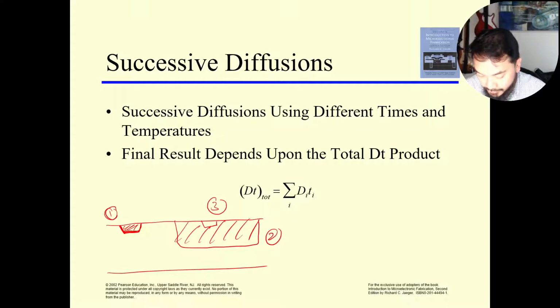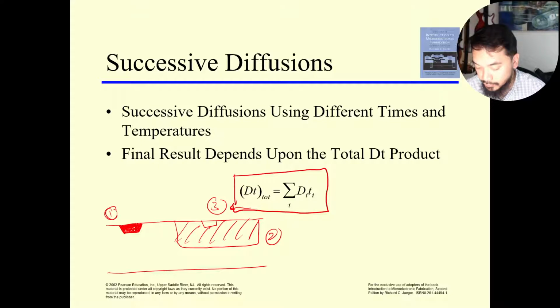So you have to compensate by doing the diffusion at a shorter time, so that it covers a much shallower and smaller volume. Then as you go through the second cycle of diffusion, more diffusion will occur, so it will cover a larger volume. After the end of the third diffusion process, it covers the desired actual volume that you wanted to cover in the first place. So you have to take that into account. The DT product will keep on increasing, and the DT product is the summation of all the successive diffusion processes your single wafer will have to go through in order to produce your integrated circuit.